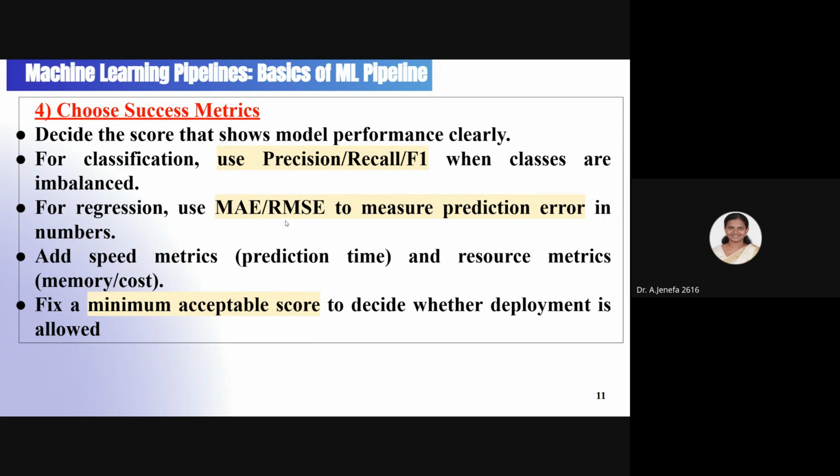These are all the metrics used to understand the errors in your data set, in your numbers. So based on the data set, the metrics have to be taken properly to know the performance. All the algorithms' performance will be measured with metrics like accuracy, F1 score, recall, precision, MAE, RMSE.